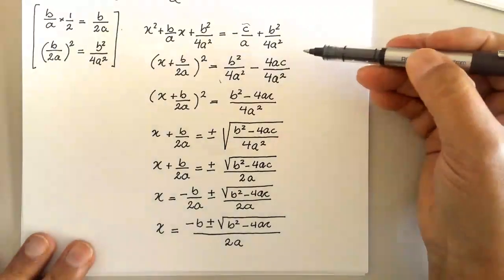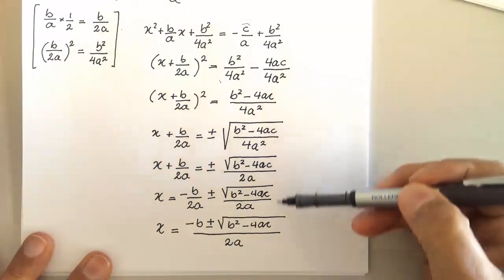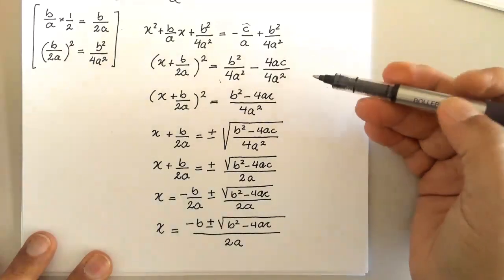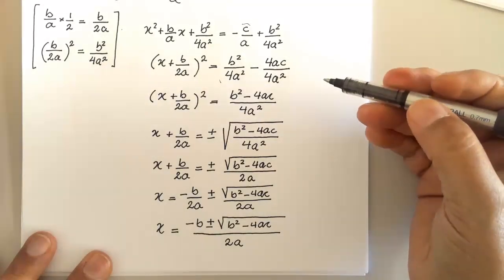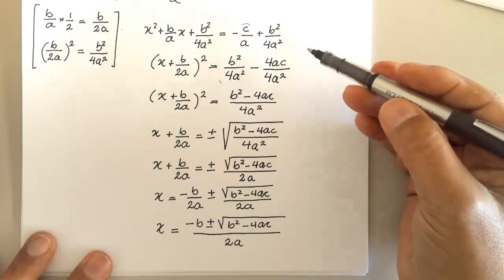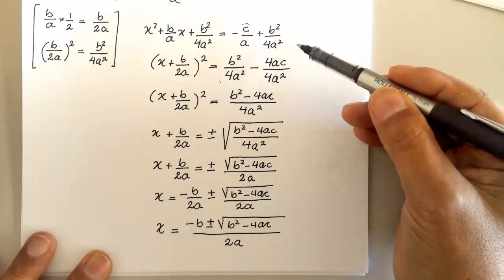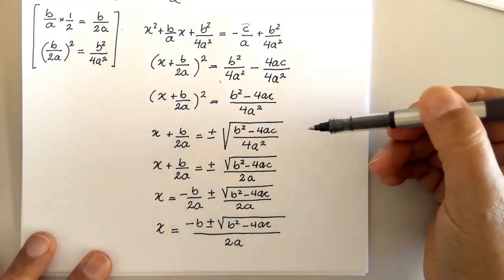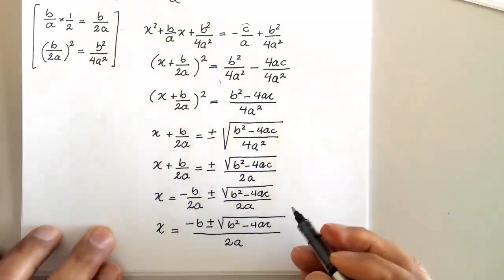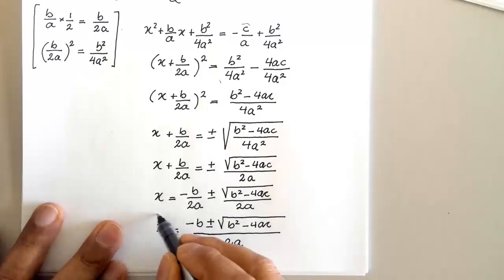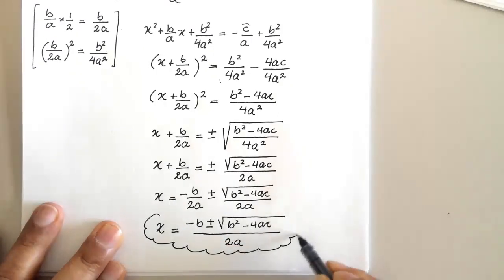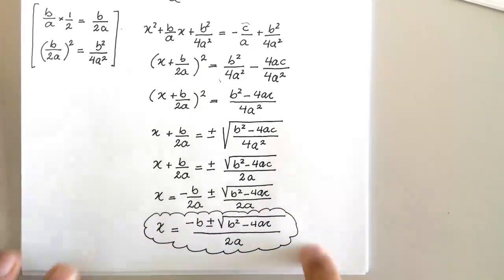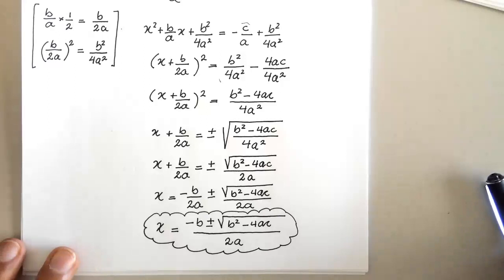And like I say, you need to redo this many times until you fully understand every single step. But it's basically simplification, adding and subtracting fractions and square roots. That is how you prove the formula, and then you can even box the answer, because this is the formula that you're going to be using all the time.